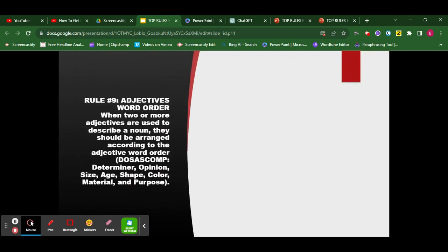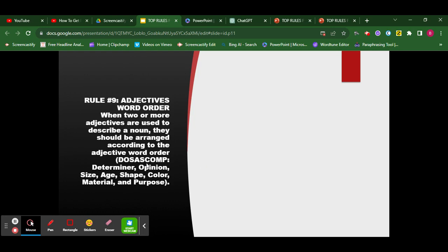Then rule number 9, adjectives word order. This rule states that when two or more adjectives are used to describe a noun, they should be arranged according to the adjective word order. And I have an acronym that I have coined that will help you to know how adjectives are arranged.